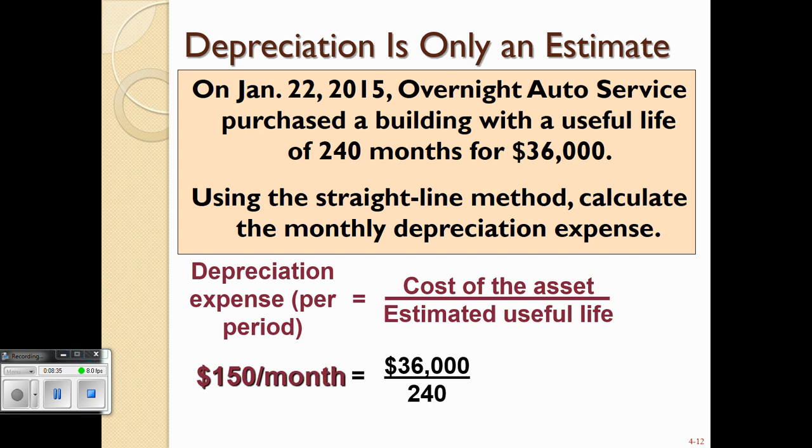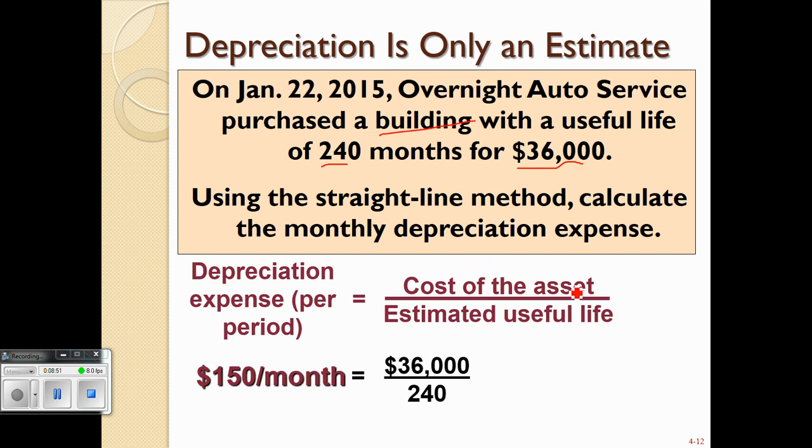And we're going to talk in much greater detail about how you go ahead and calculate this. But let's just assume they purchased a building, useful life at 240 months for 36 grand. I know the numbers aren't realistic, but let's just go with it.